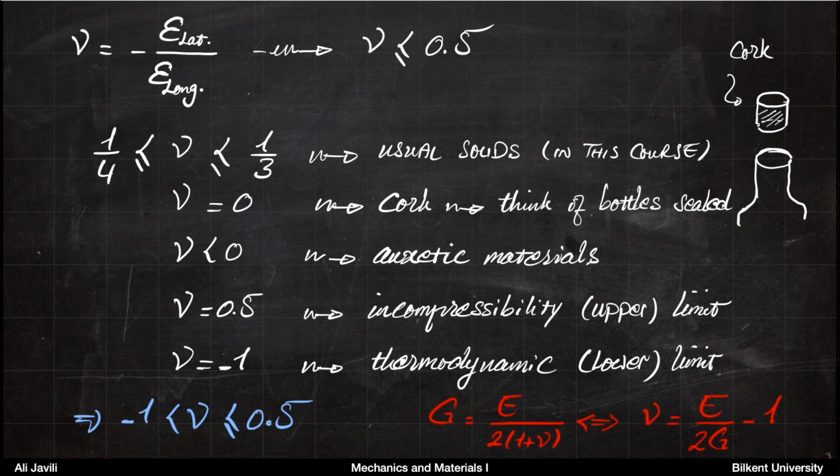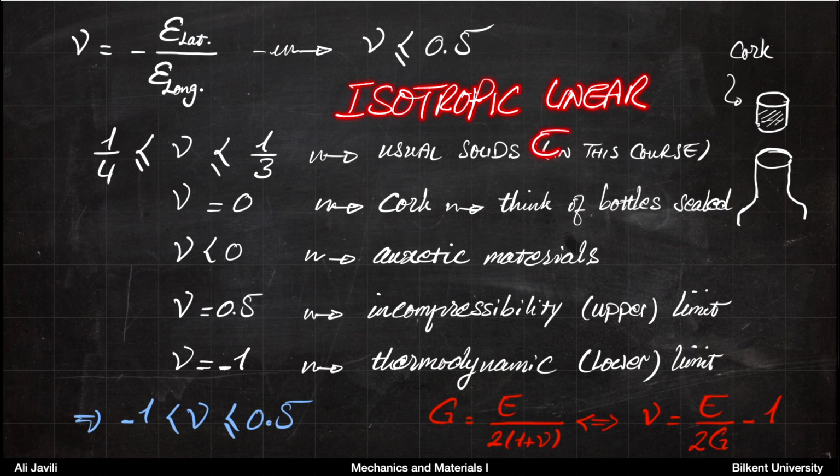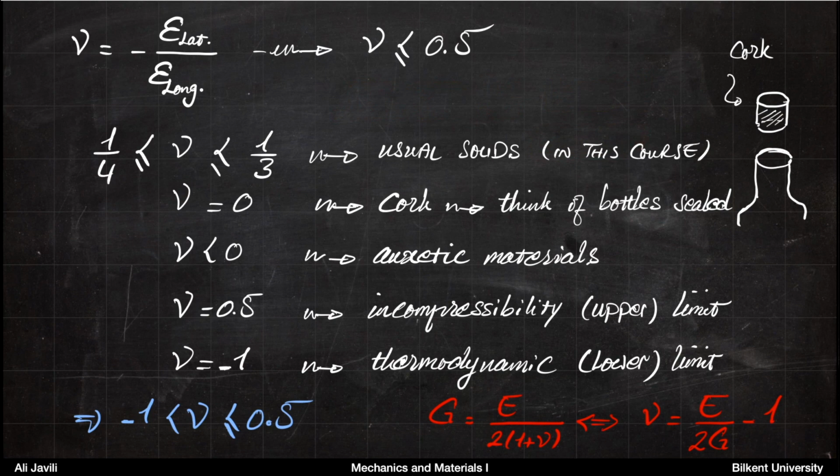If you know E and G, you can calculate Poisson's ratio. Or if you know E and Poisson's ratio, you can calculate the shear modulus. So you always need two material parameters, and again, we are talking about isotropic linear elasticity. For isotropic linear elasticity, you only need two material parameters.